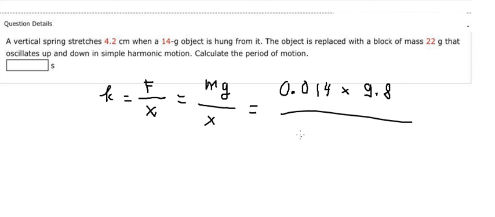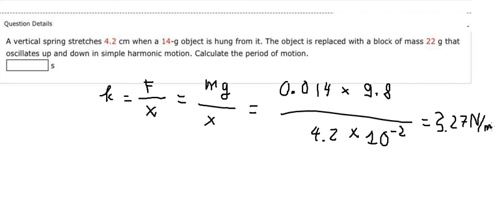Then we divide by 4.2 multiplied with 10 to the power of negative 2. And we got about 3.27 newtons per meter.